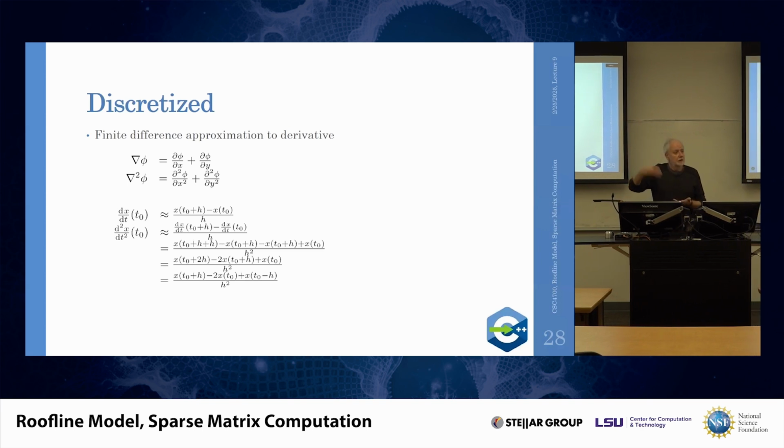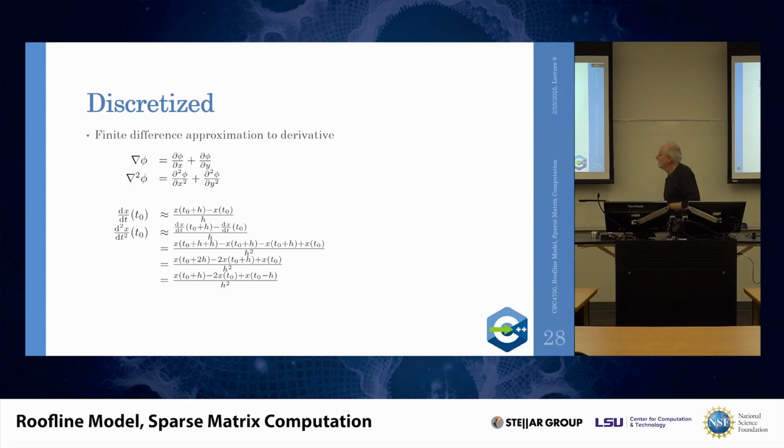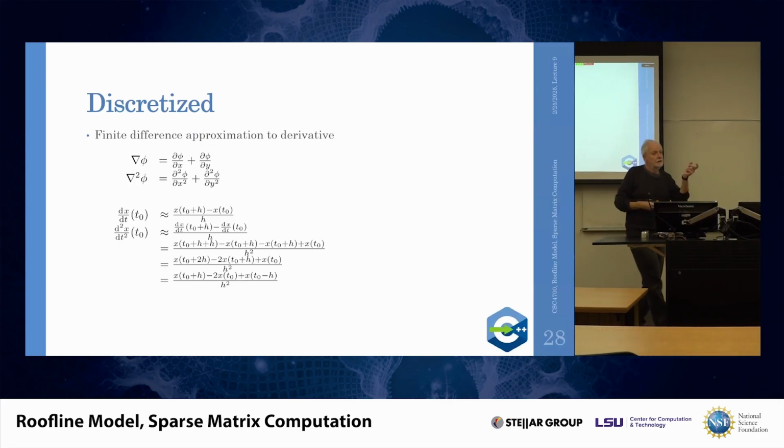The second derivative can be approximated using the next time step plus the previous time step value, subtracting twice the current value in between those two time steps, and dividing by the square of our delta.